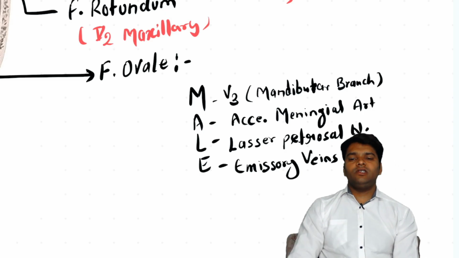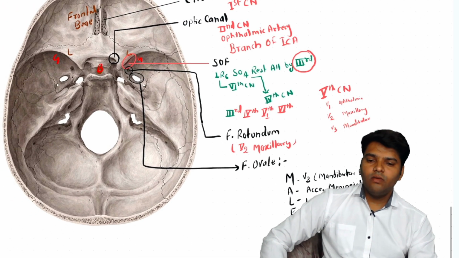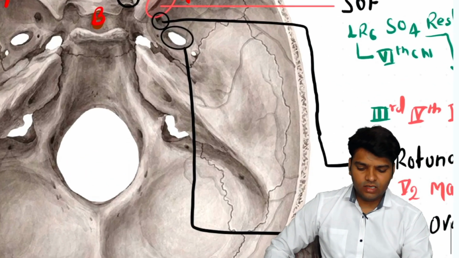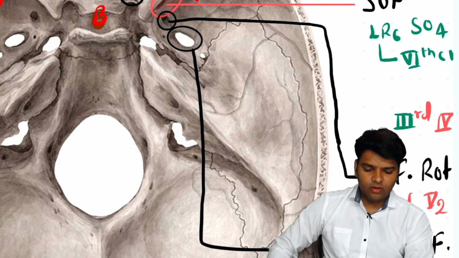So these are the structures which pass through the foramen ovale.